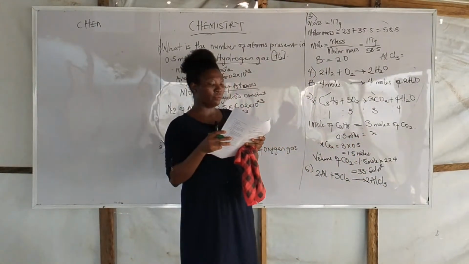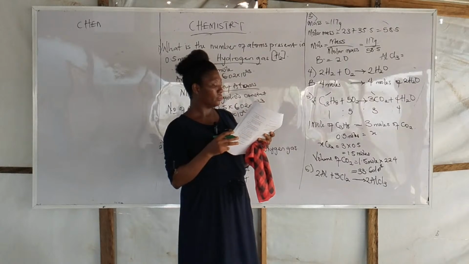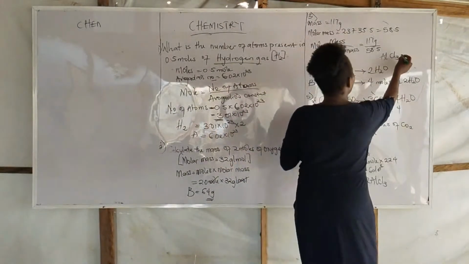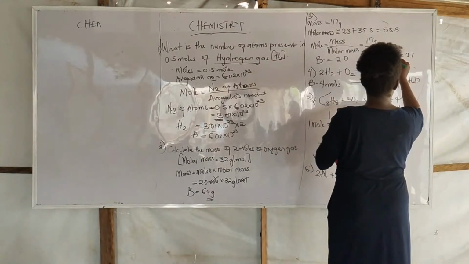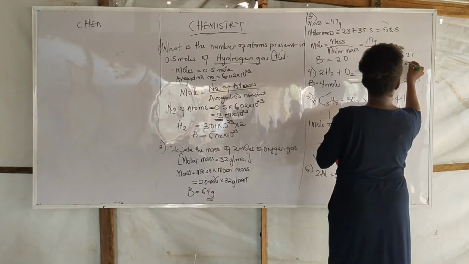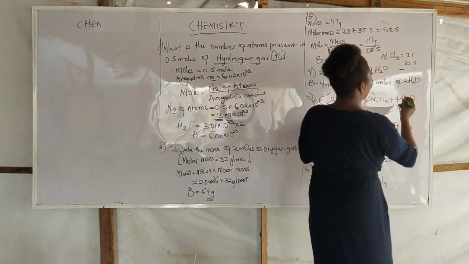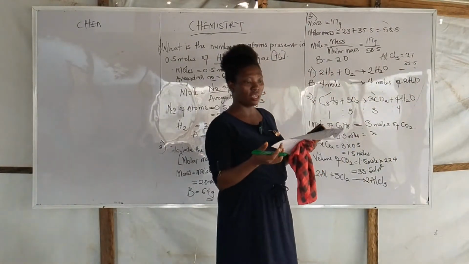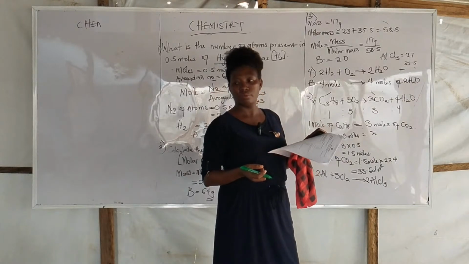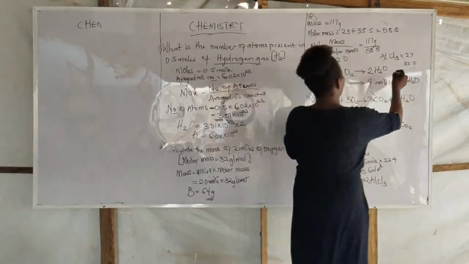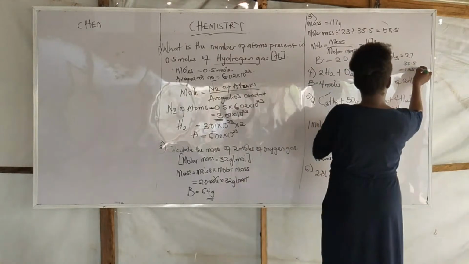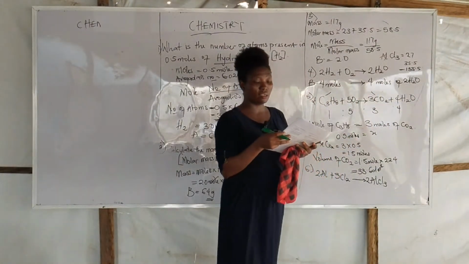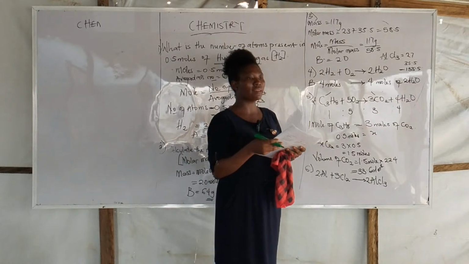Quickly solve that for me. I said aluminium is 27 and chlorine is 35.5. What is going to be the molar mass? Correct, 133.5. Thank you.